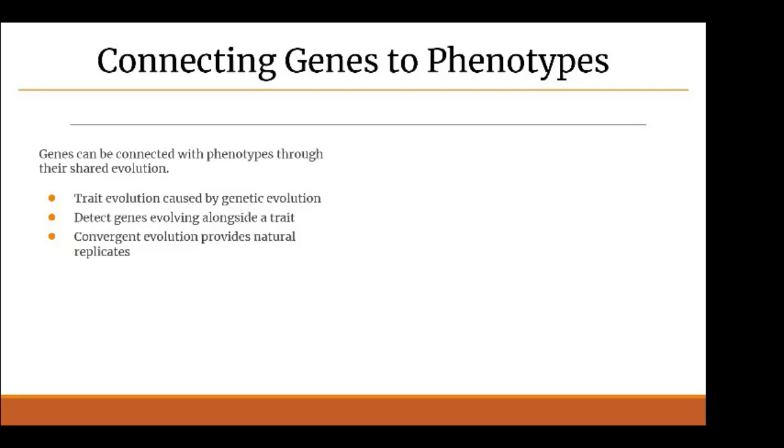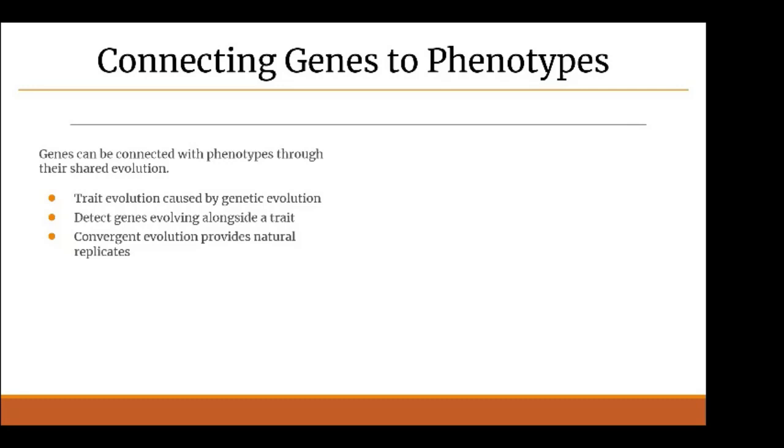This is difficult to do in individual species because you can't tell which genes are related to which traits the species have. This is where convergent evolution is incredibly useful. By examining the breadth of an entire phenotype, you can connect genes with the phenotype as a whole, as opposed to being in individuals.